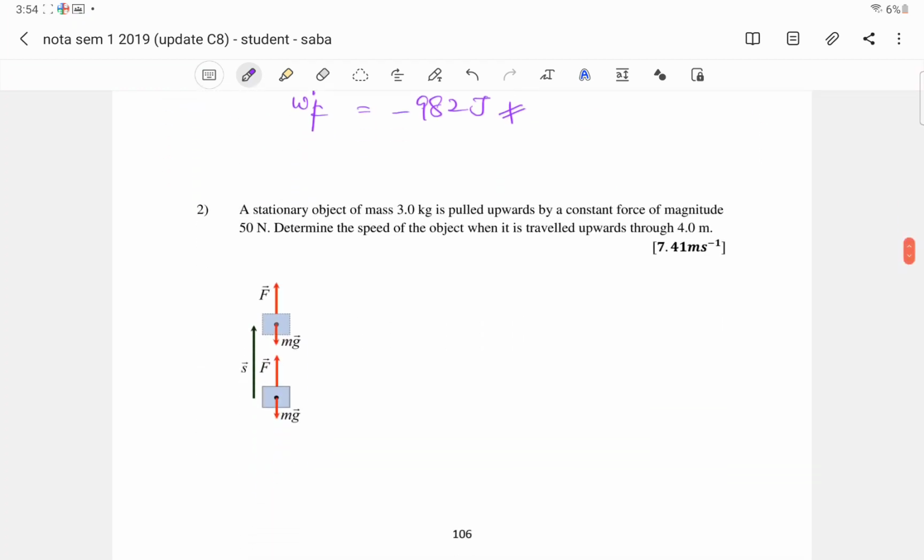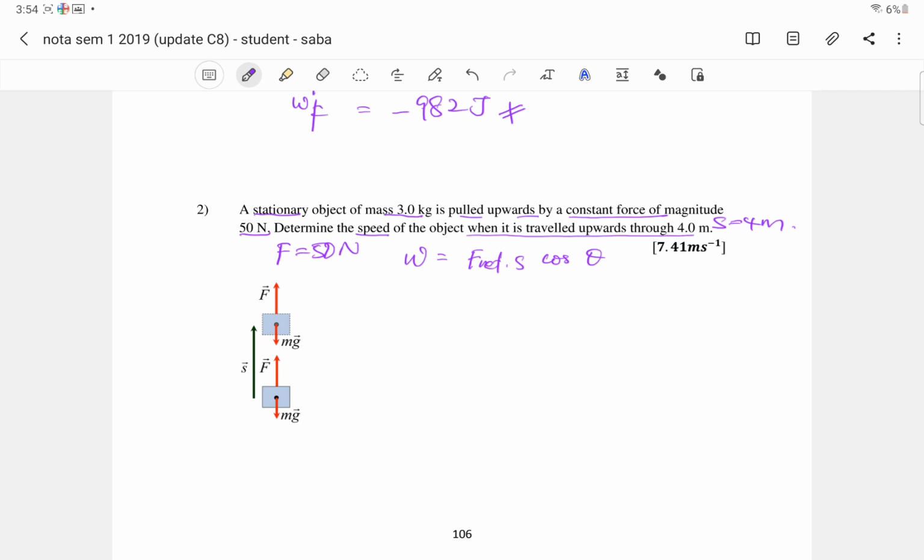Alright, so then we have number 2. A stationary object of mass 3 kg is pulled upward by a constant force of magnitude 50 Newtons. Determine the speed when it travels upward through a distance of 4 meters. So we use the work done. Work done is equal to F net times S cos theta.